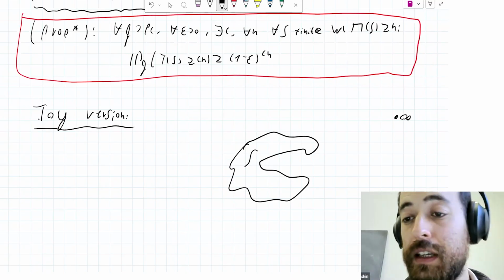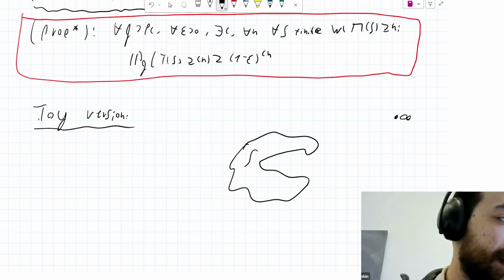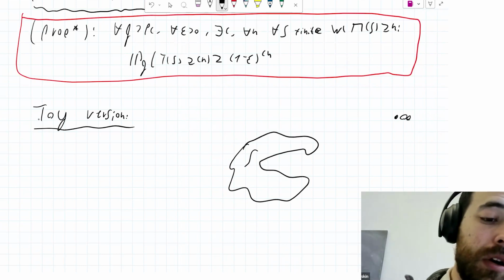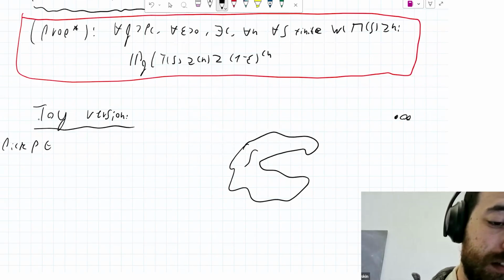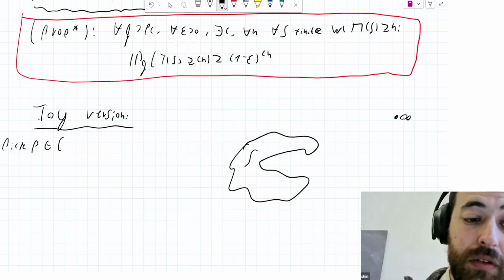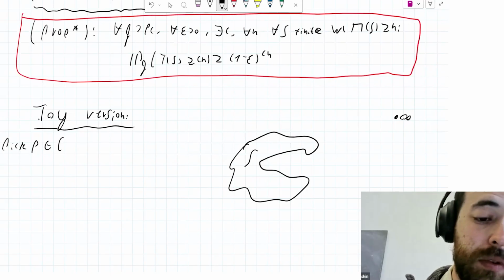And if you remember what I defined as PC, we know that because we chose P to be, so if we're looking at something supercritical, we're given Q. So let me pick P to be between PC and Q. It's not the same P from the theorem.